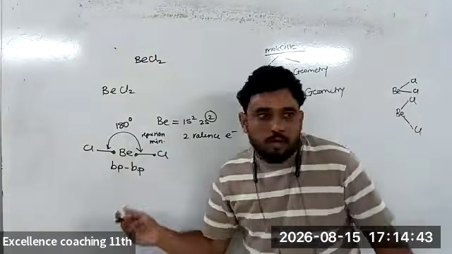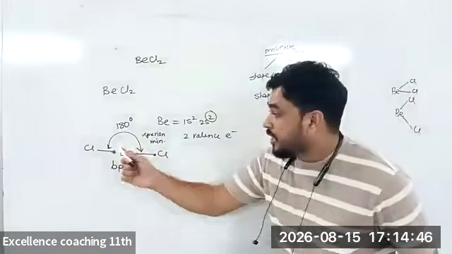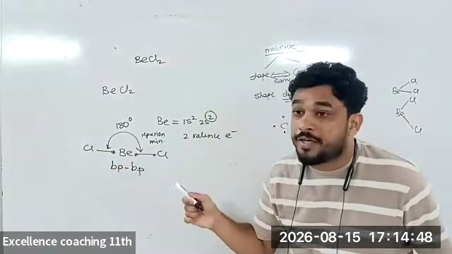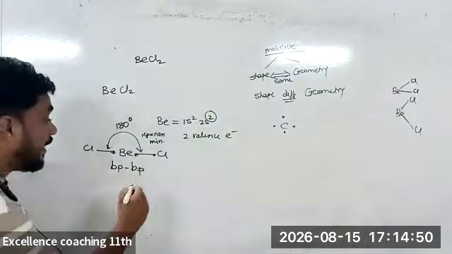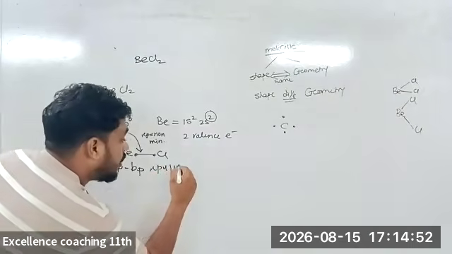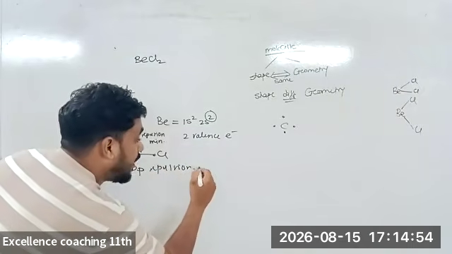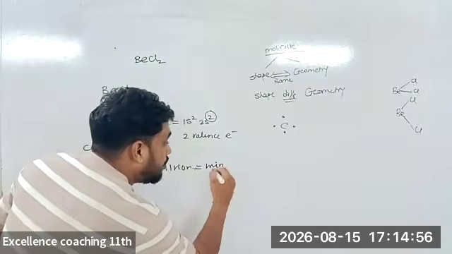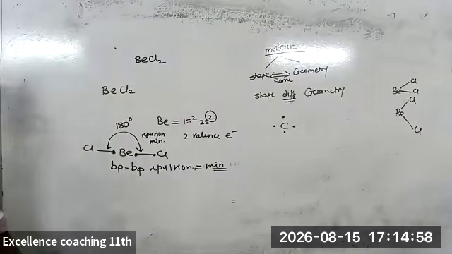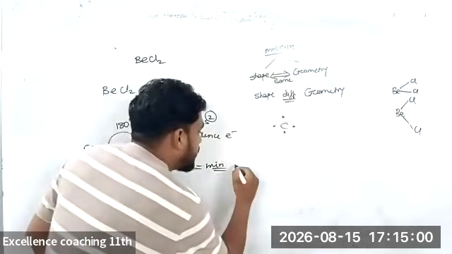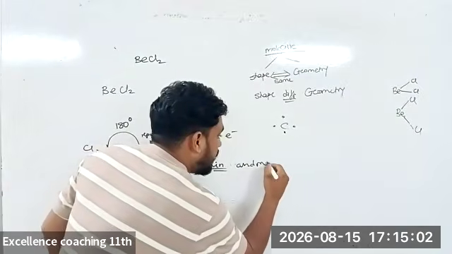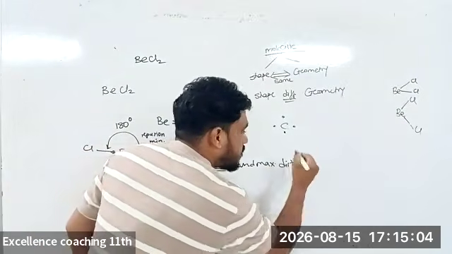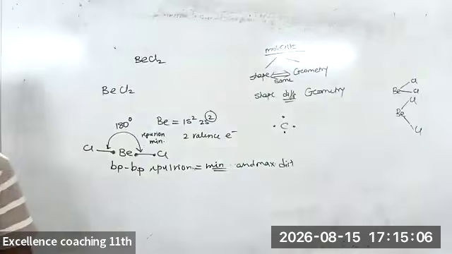Both are bond pairs, lone pair is not there here. So this is bond pair repulsion, and it is minimum, and the distance is maximum. Clear, sir?